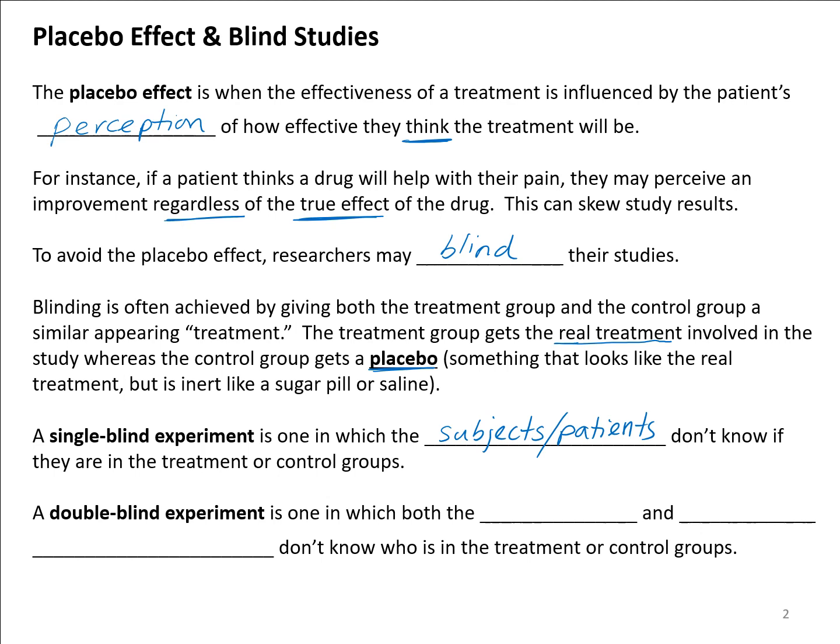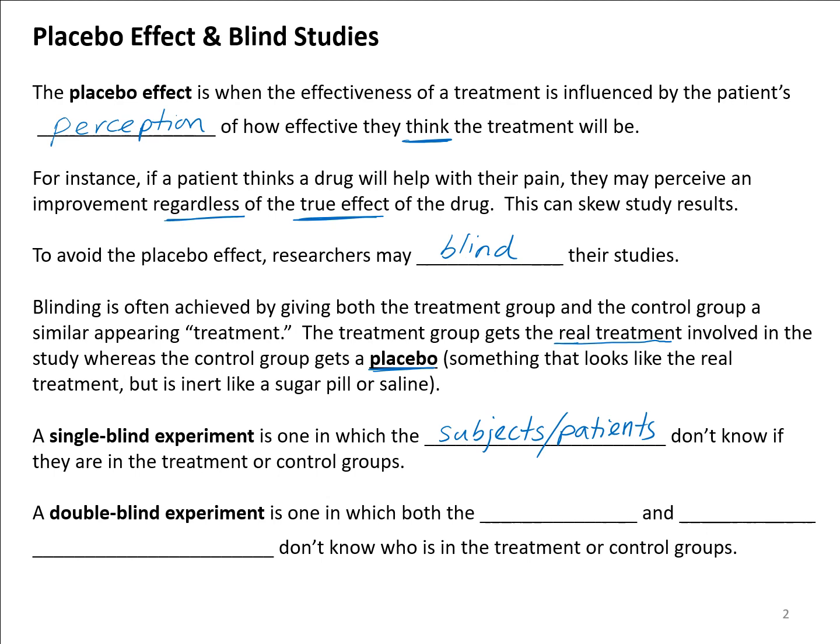And because they look similar, they can't tell from just looking; they both are getting something, and so they are blind to whether they're getting the treatment or the control. So it's a way to try to have similar results. Some people are going to think that because they get something they're going to have improvement. Some people think that's not going to have an impact. So what it does is it creates a level playing field in terms of how the patients react to the treatment they're getting.